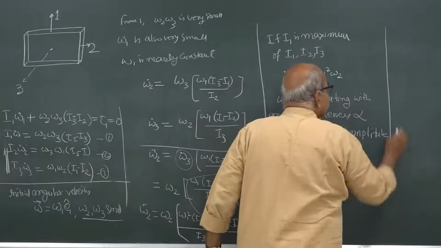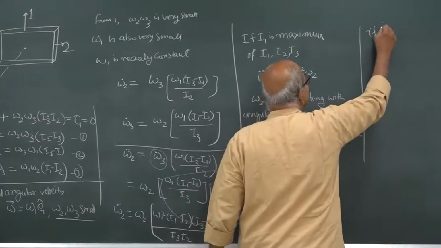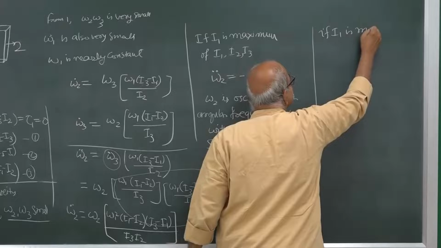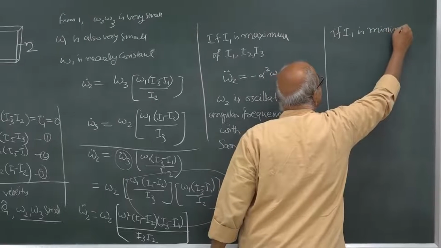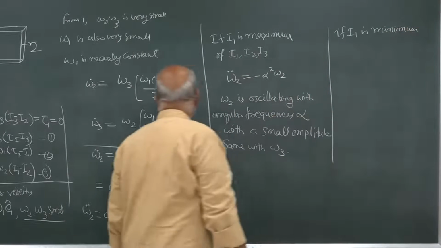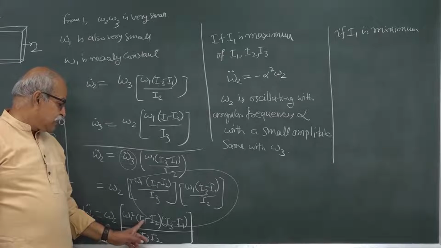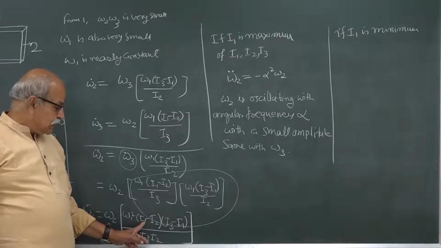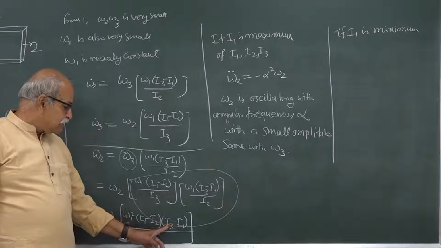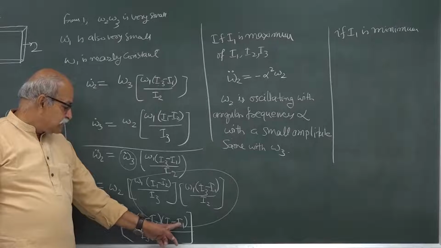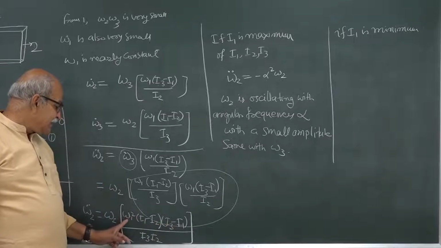Okay. If I 1 is minimum, then what happens? I 1 minus I 2 is negative, because I 1 is minimum, but I 3 minus I 1 is positive, because I 1 is minimum. So, this is again negative.